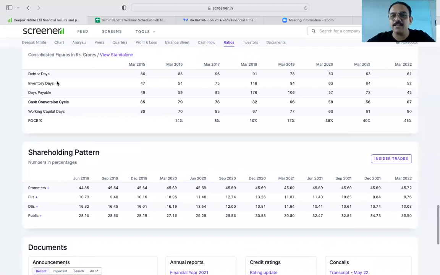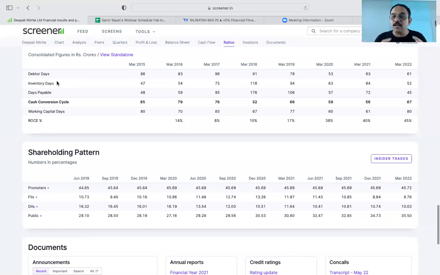Inventory days for Deepak Nitrite is 52 days. That means they take the raw material, make fertilizer and send it out of their factory as finished goods in 52 days. Everyone okay? Can I have a yes from all of you, Ishita, Chitra, and others who have not understood earlier?